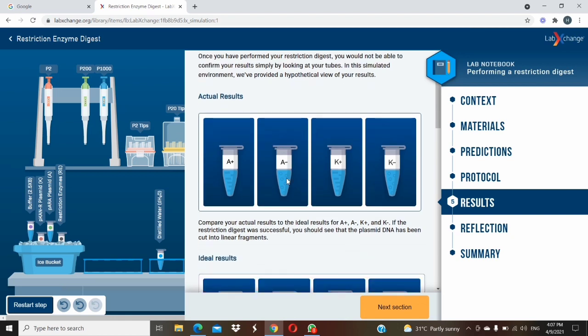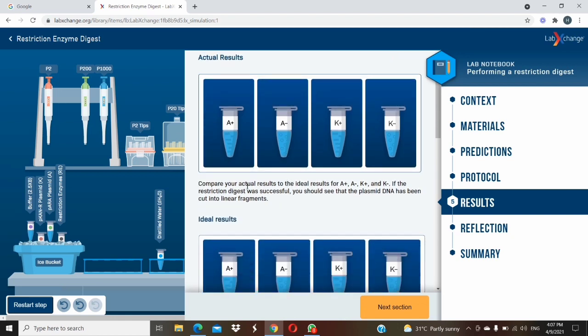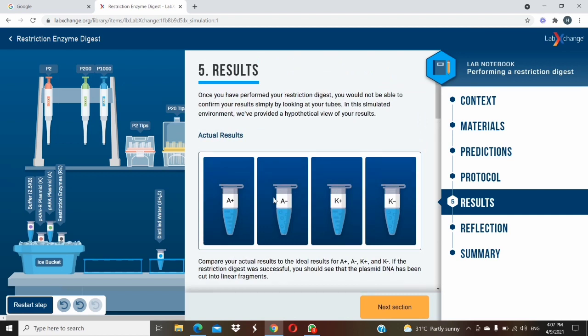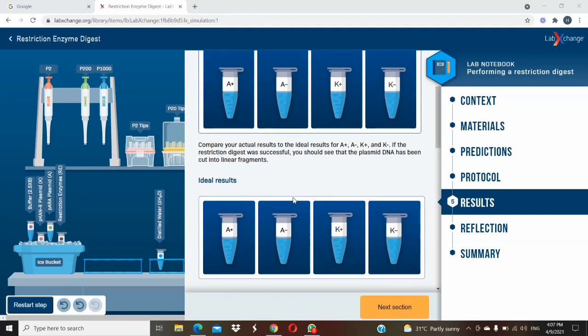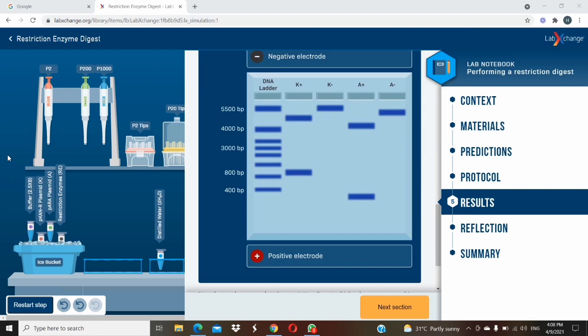So this will be the actual result. And here we can see the 4 fragments which are K positive, K negative, A positive and A negative. So these are the lengths of the DNA fragments. Here you can see it's from 400 base pairs to 5500 base pairs.